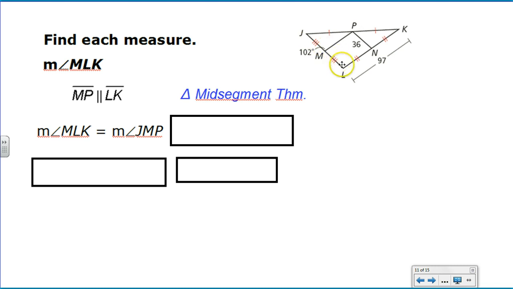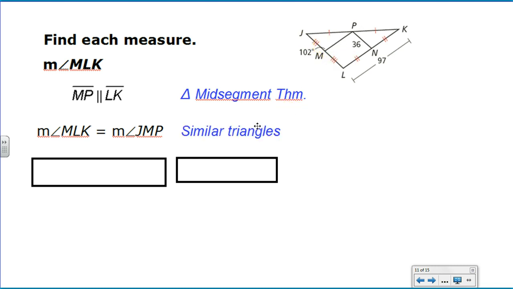And we have similar triangles. Oh, yes we do. Okay, so look at our dashes here. And we have similar triangles.